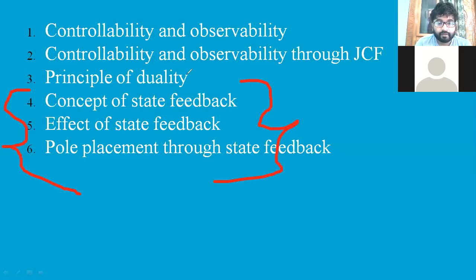Principle of duality we have completed in the first chapter itself. It is nothing but the duality between controllability and observability. I have given you the basic idea of controllability and observability and finding them using the controllability matrix and observability matrix.